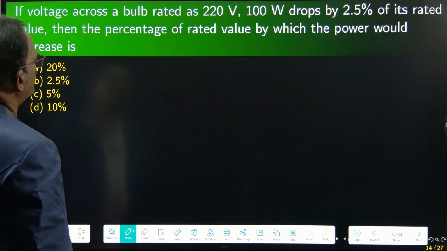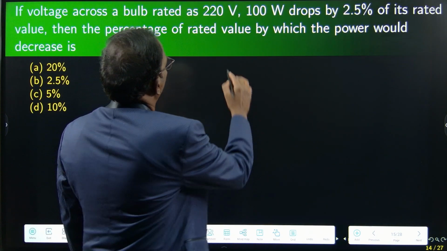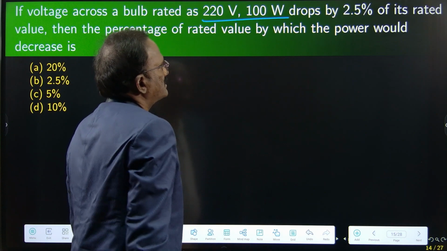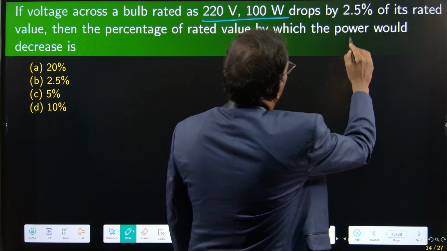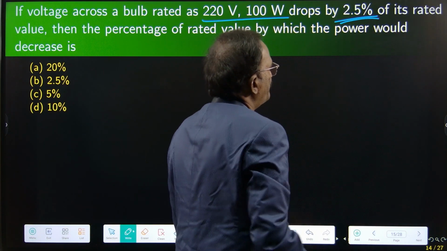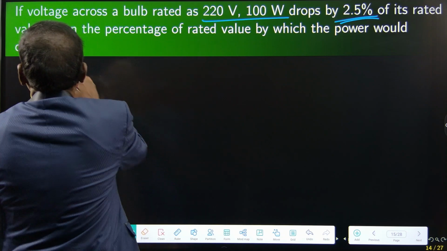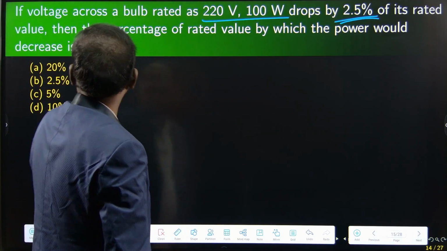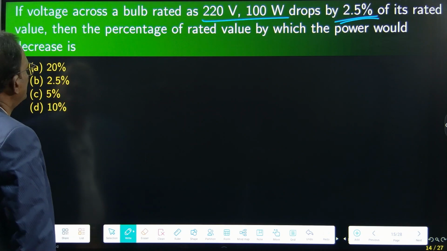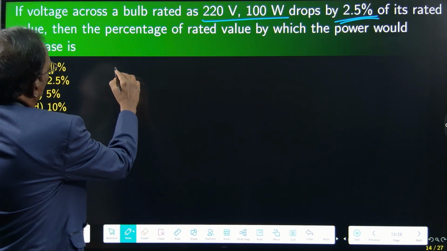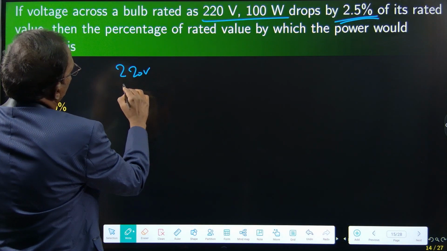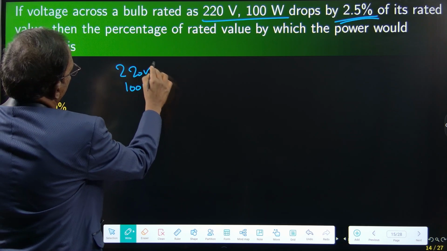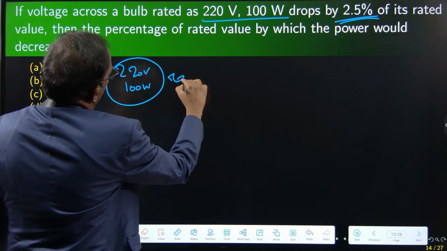If the voltage across a bulb rated 220 volts, 100 watts drops by 2.5% of its rated value, then the percentage of rated value by which the power would decrease is? 220 volts, 100 watts is the rating of the bulb.